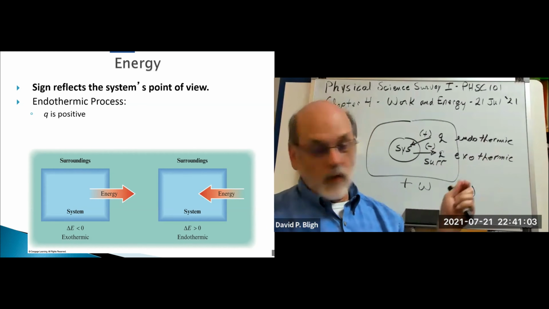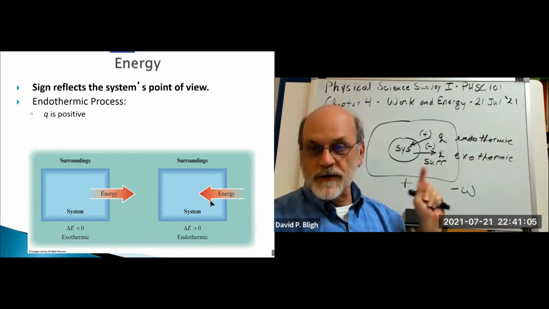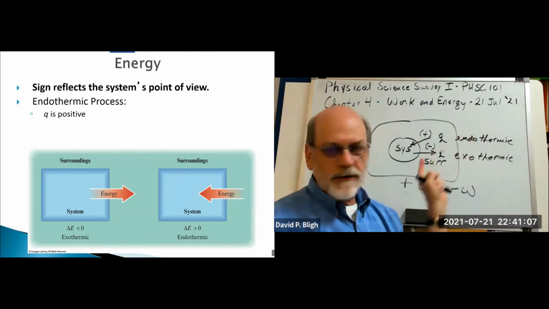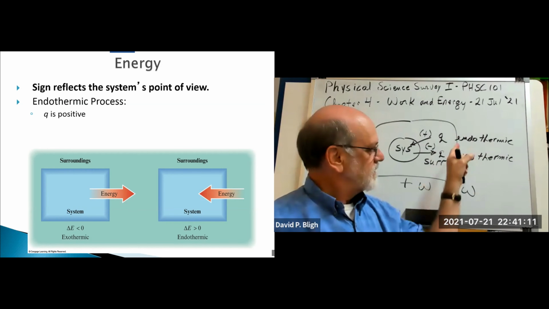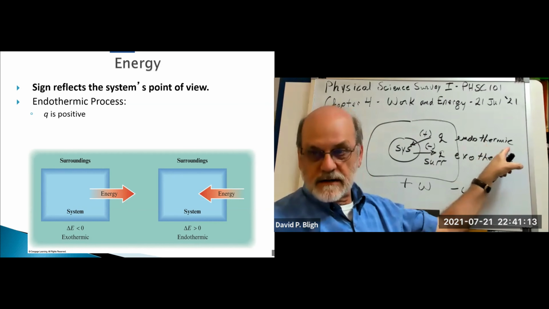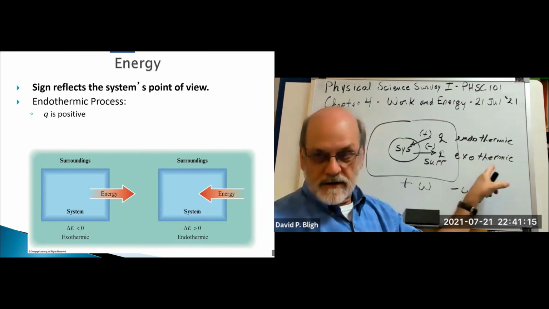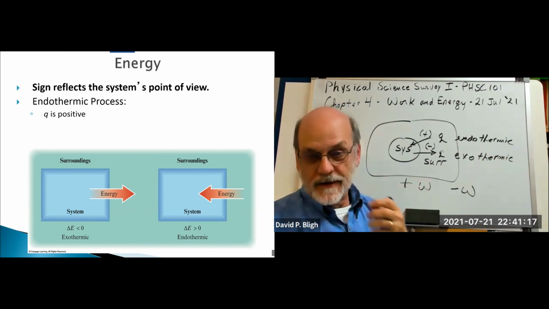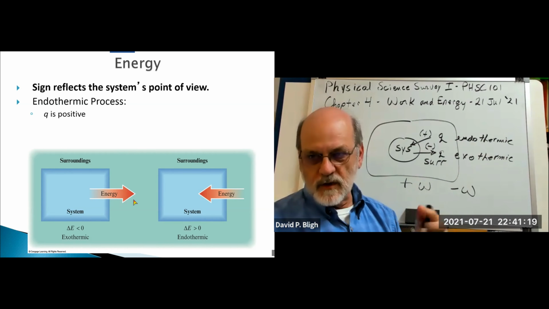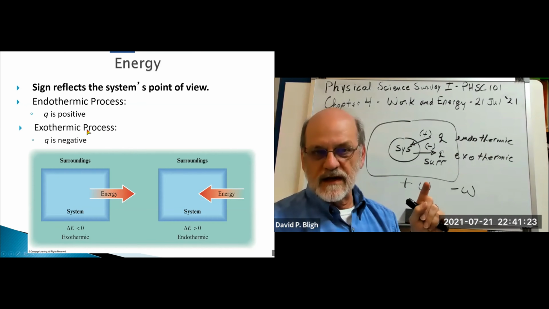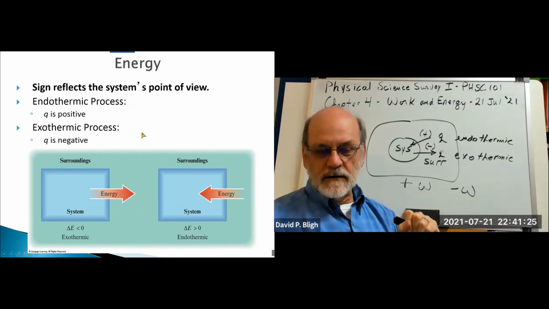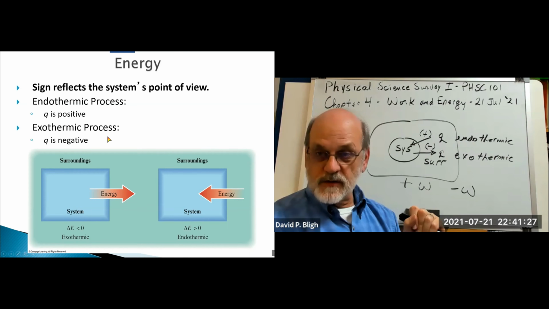Okay, and those words reference heat. If you see the word endothermic, that's heat is transferred into the system. There's another word for energy, but we won't labor you with that one. You only need to know the one referencing heat. Exothermic processes where heat leaves the system are always negative.